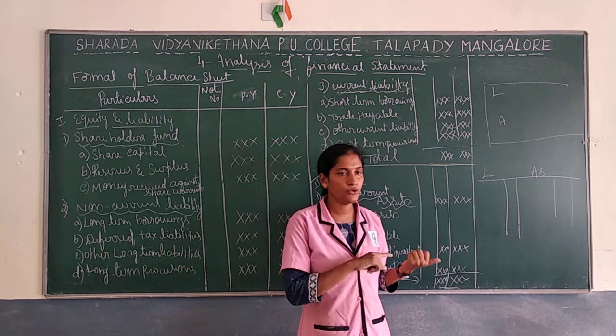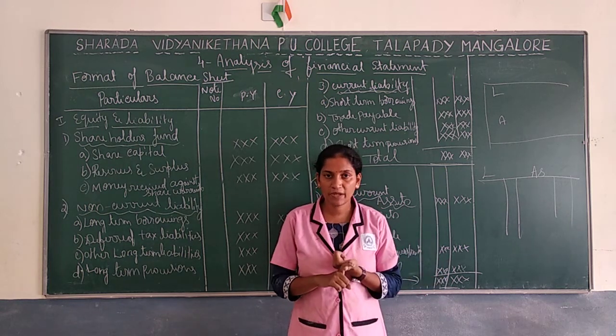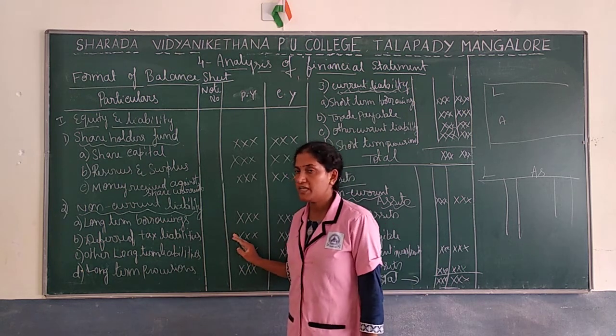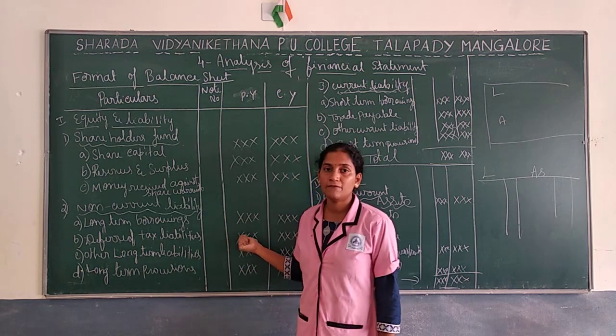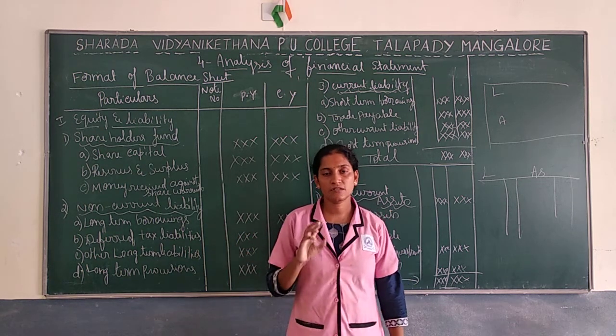We were doing those in partnership accounts. Now we are studying company accounts. A company maintains the vertical form of the balance sheet. This balance sheet takes 12 marks, students.